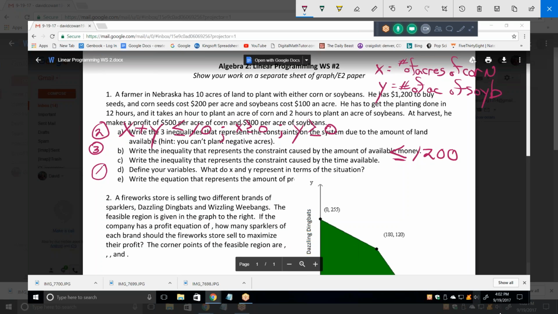What goes on the left side of that inequality? Corn costs $200 per acre per seed, and soybean costs $100 an acre per seed. Think about it for a second. See if you can come up with what goes on the left side of that inequality.